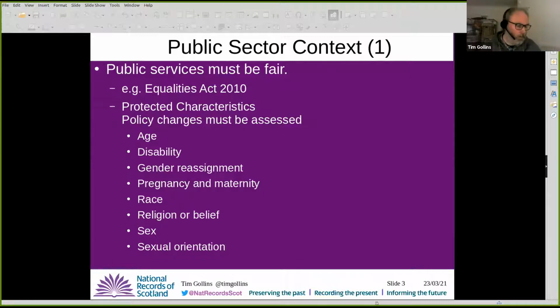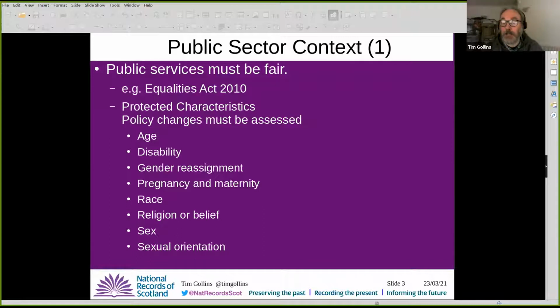So is our archive equally accessible for people of different ages, of different abilities? Is there any bias in respect of race or religion or belief or sex?